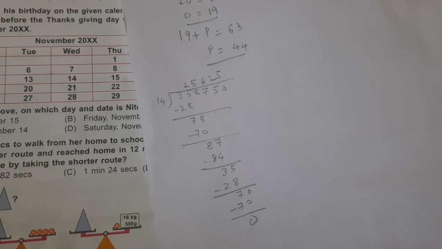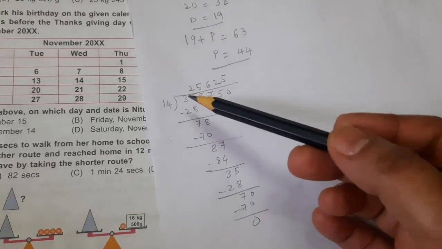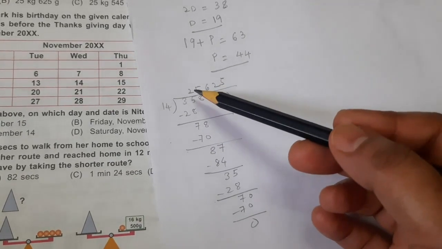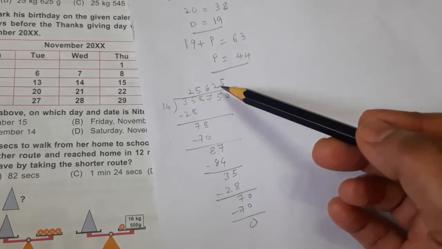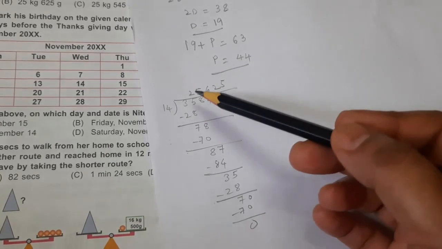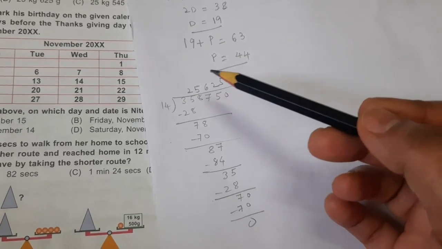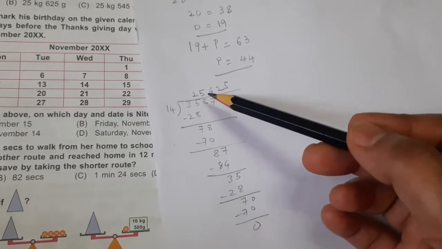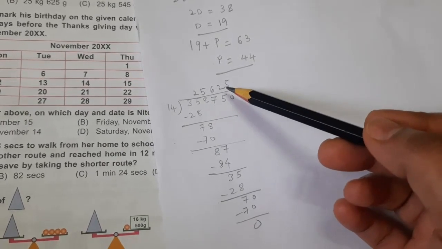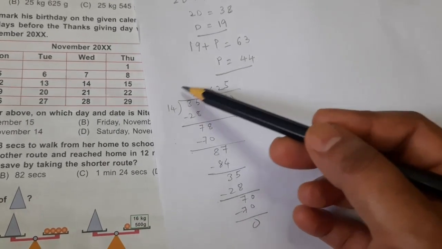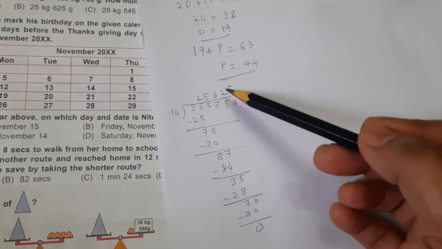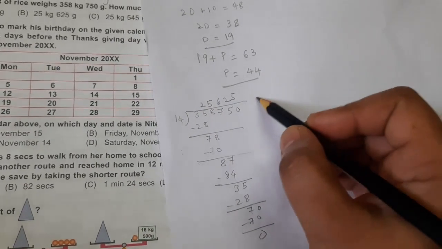Okay, so 25,625, if you have to convert this into kg, it will become 25,000 plus 625. So 25,000 is 25 kgs plus 625 grams. Okay, so you just have to split this into thousands plus the leftover amount.